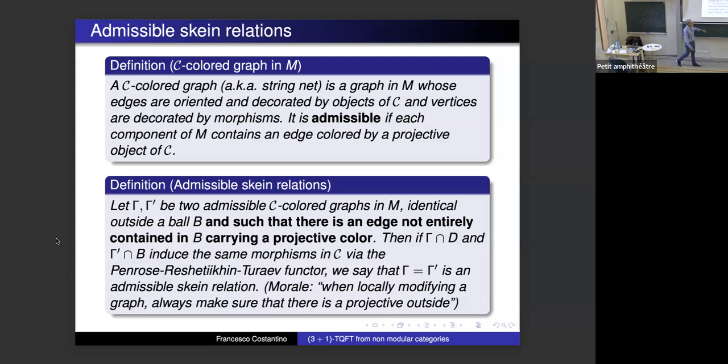So the moral is: when locally applying a skein relation, always make sure that there is an untouched projectively colored part. An example of something you cannot do in this story is this. Suppose that I locally have a little projective loop here. In the standard theory, you would just evaluate it, take the quantum dimension, and throw it away.